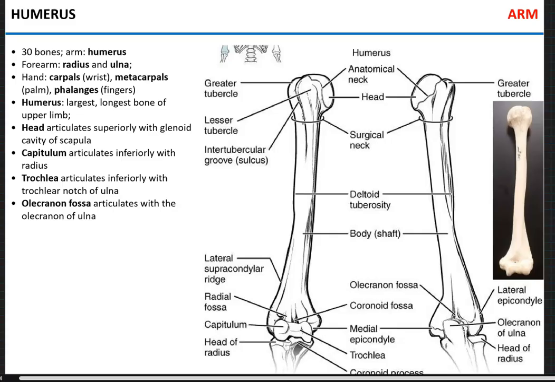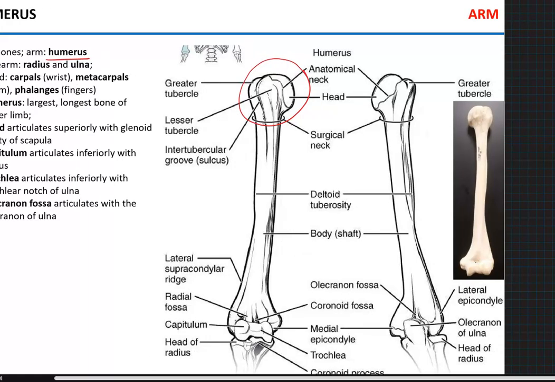Okay. So the upper part of the arm, from shoulder to elbow, is composed of a single bone called the humerus. The head of the humerus articulates with the glenoid cavity of the scapula and is separated into two tubercles, the greater and the lesser.